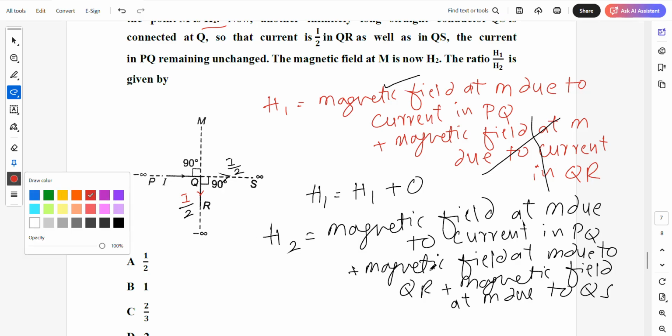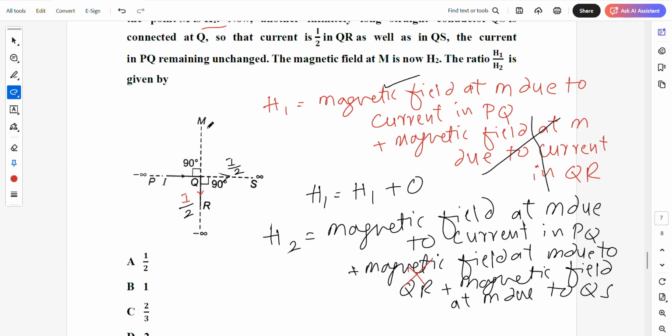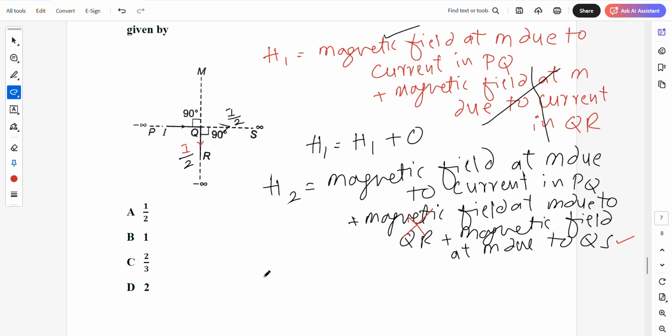Because this point is lying on the same current carrying conductor. Here H2 will be equal to, the magnetic field at M due to current in PQ, which is the same as H1 itself, plus the magnetic field at M due to QR, which is 0.